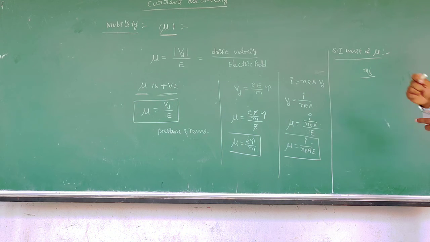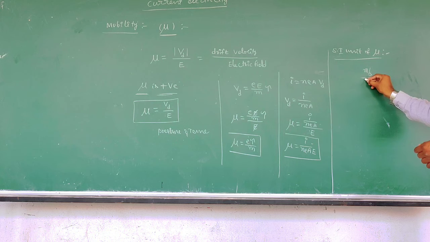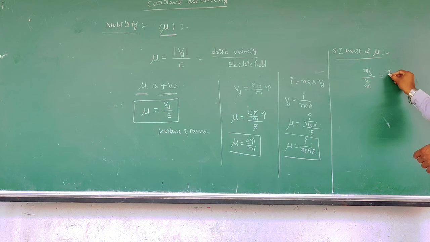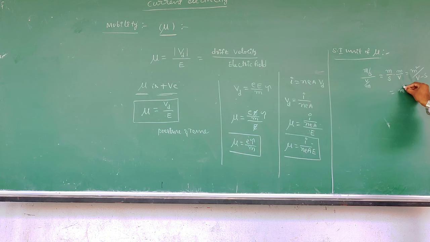The SI unit of electric field is volt per meter. Then it can be written, reversing it, as meter by second into meter by volt, then meter square per volt second, that is m square V power of -1 s power of -1. This is a very important unit.